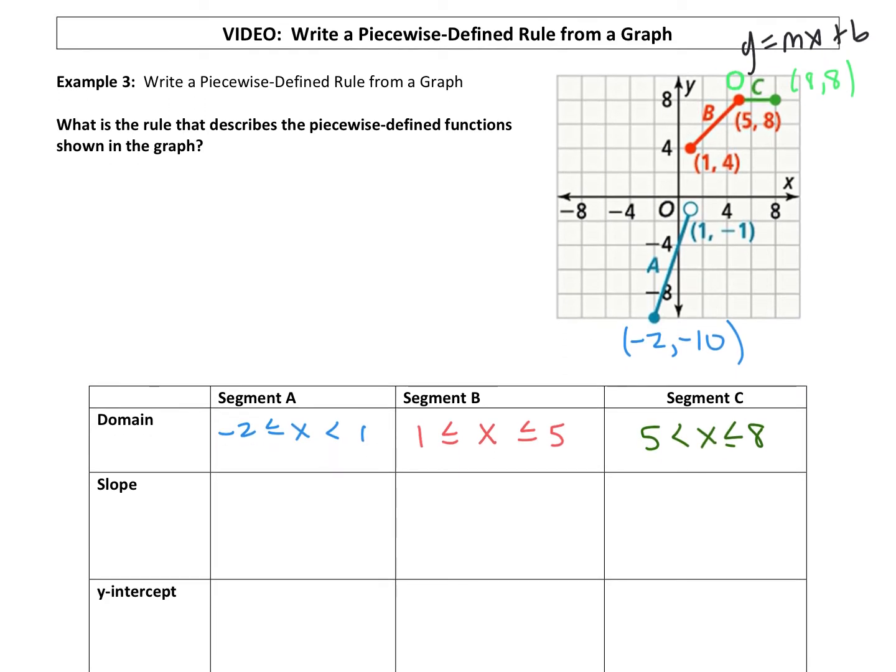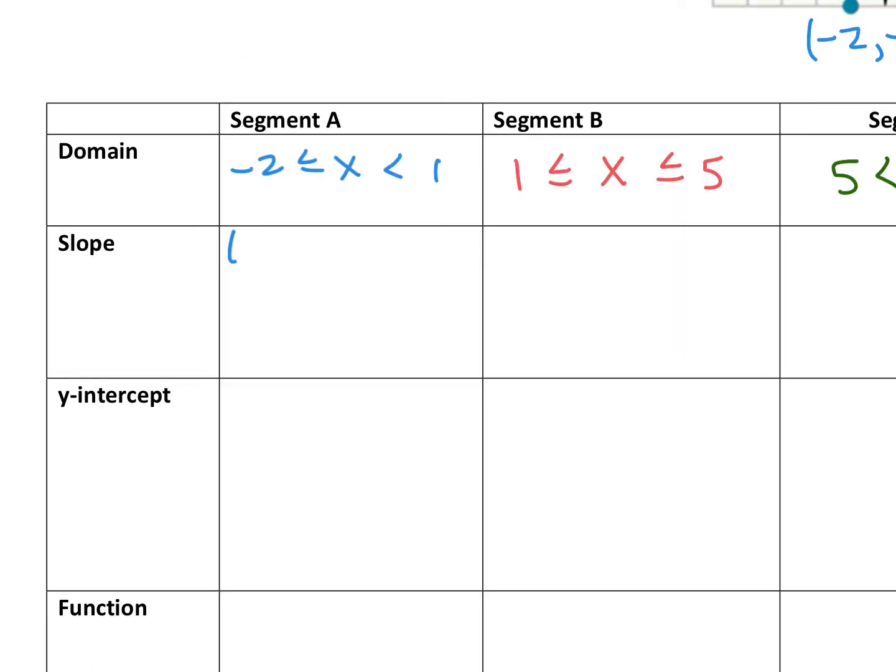So the slope for segment A, those ordered pairs, it goes from (-2, -10). Let's make sure we write down the right pair. (-2, -10) all the way to (1, -1).